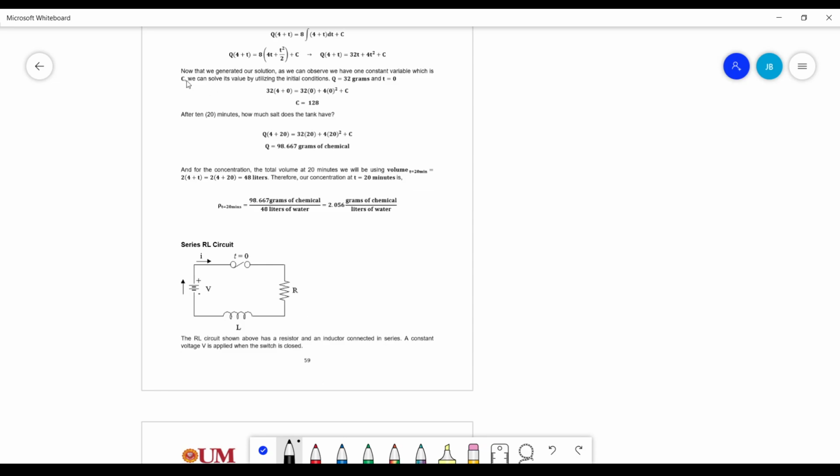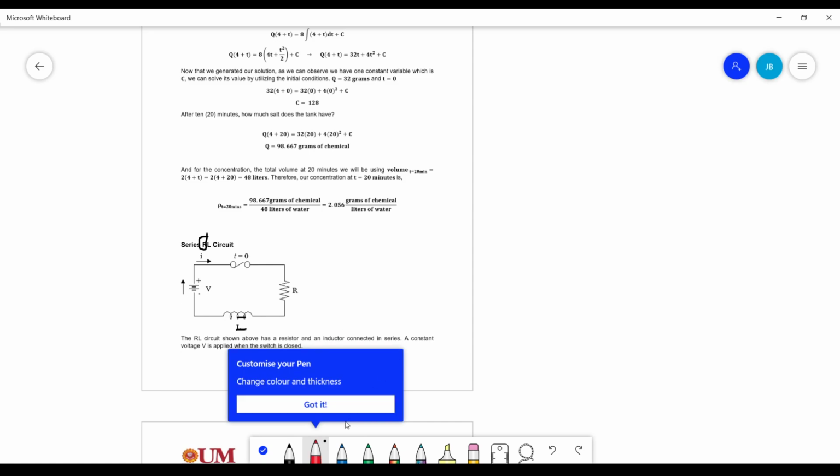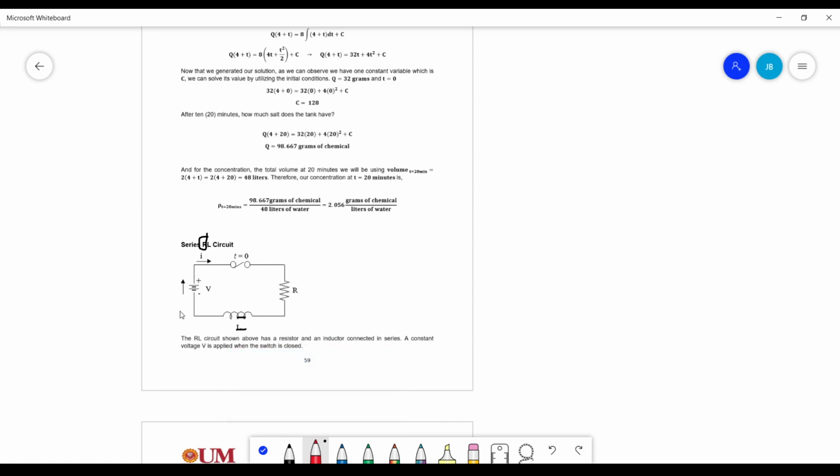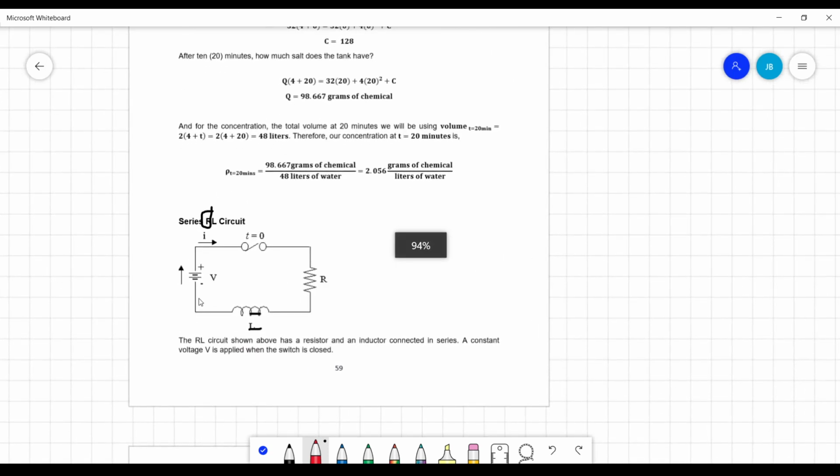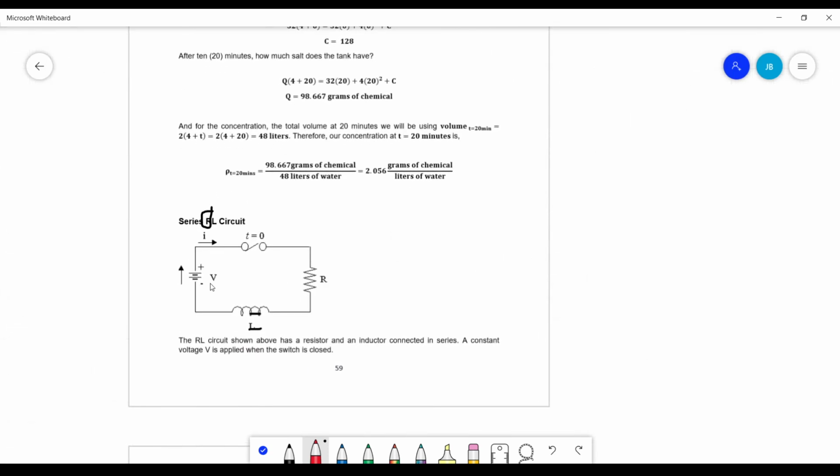R here stands for the resistor, and L is the inductor. As you can see here in the figure, you have the voltage source V, then the current flowing in the circuit, an open switch, the resistor, and the inductor.